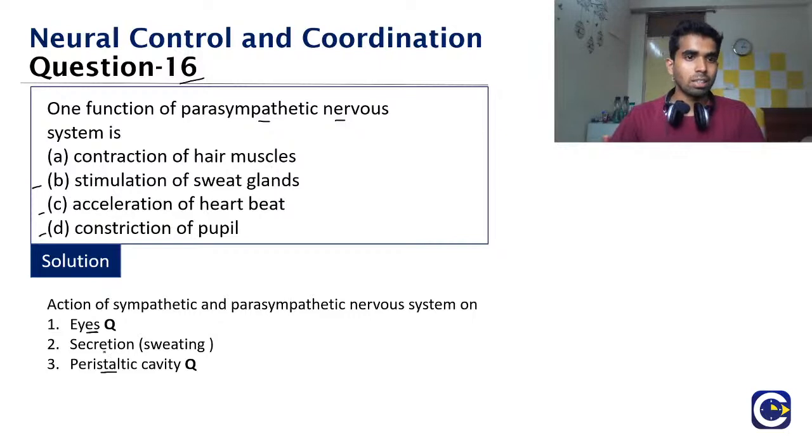In my school days, I used to remember the function of the sympathetic and the parasympathetic nervous system like this. Suppose you see a tiger. After seeing the tiger, which system will be activated? It will be the sympathetic system. Now tell me, what will be the changes in the body after seeing the tiger? Your heart rate will increase, one thing. Then you will sweat more.